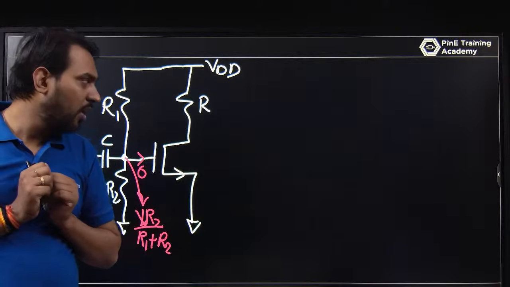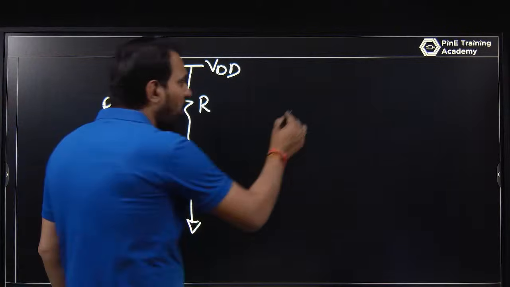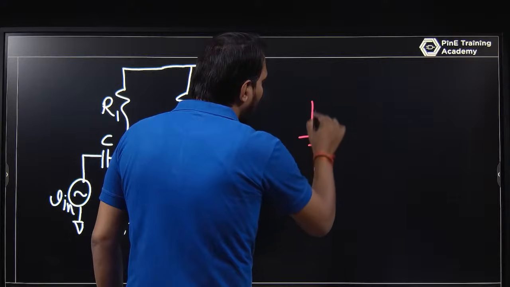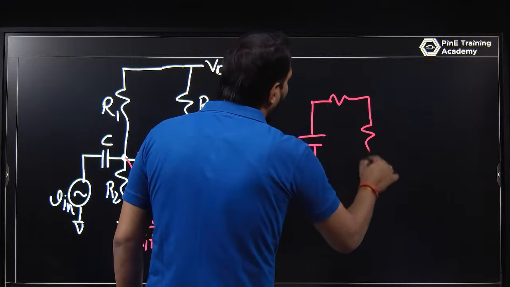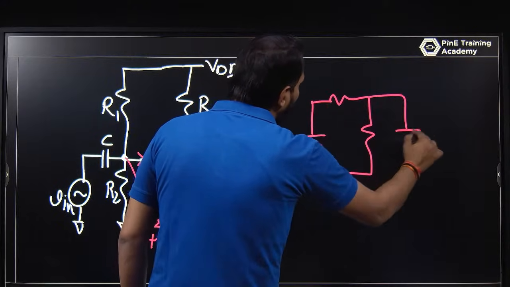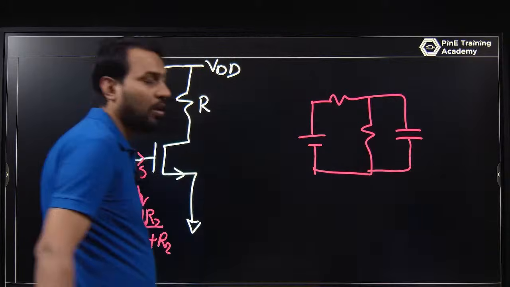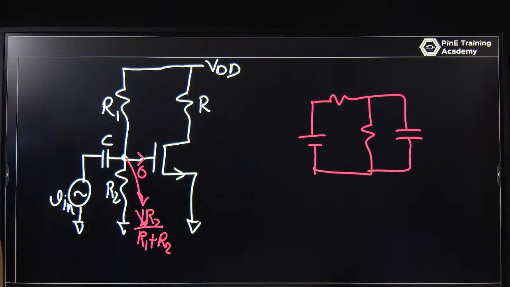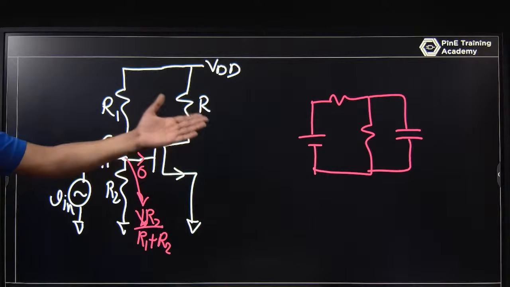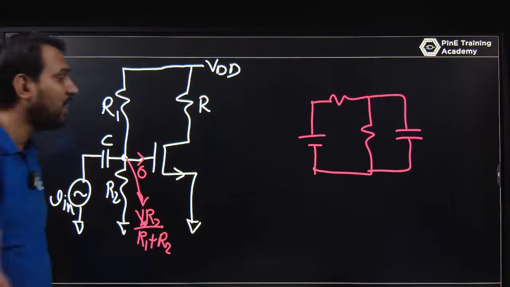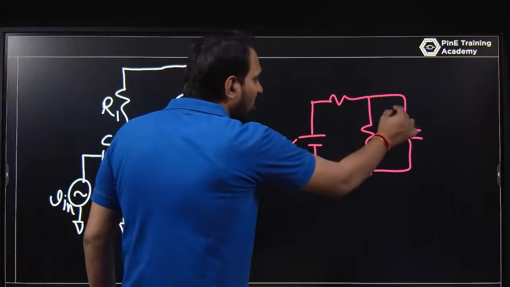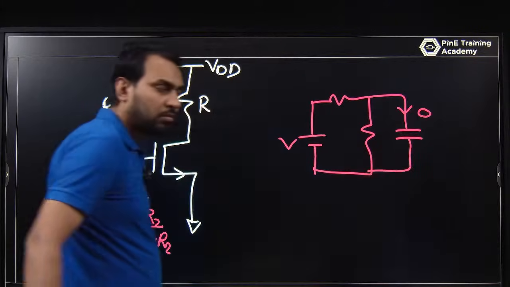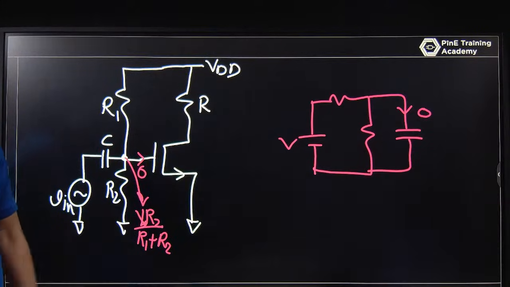Is it okay? You can think of it this way: you have a supply, you have R1, you have R2, you have a capacitor. What is the current through a capacitor? If this is a DC voltage, the current is zero. And what is the voltage?